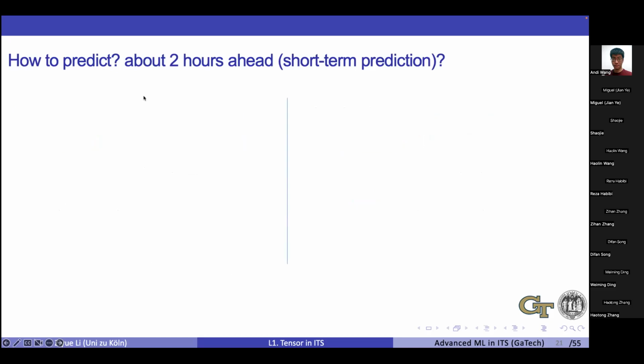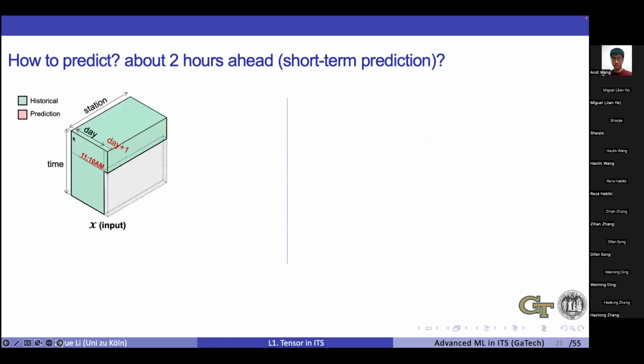So how can we use tensor completion for prediction, especially for 2 hours ahead prediction? Here, for example, this is our new tensor. In the new day, we have observed data only until 11 a.m. We are right now at 11 a.m. How can we predict the rest of the day, or the next 2 hours?